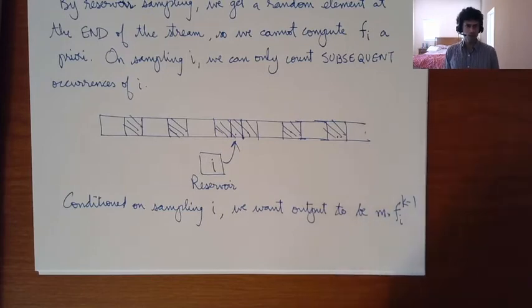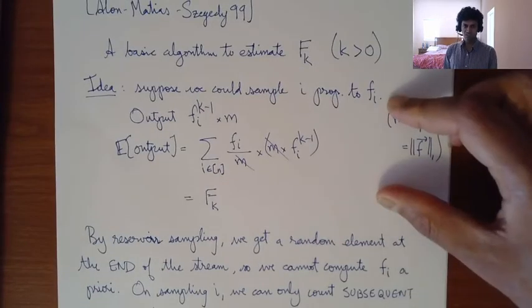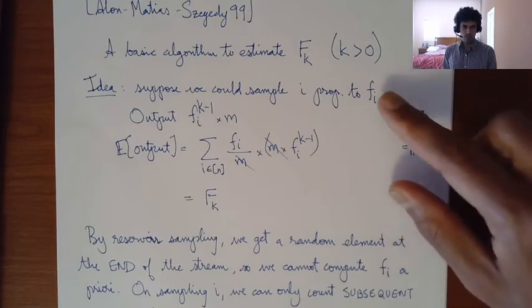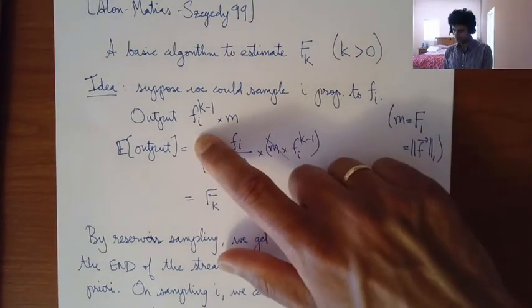And this is often a way in which you design streaming or even randomized algorithms. You start with an ideal algorithm, which has these two steps. One is to sample an i proportional to f_i. The other is to output f_i to the k minus 1.